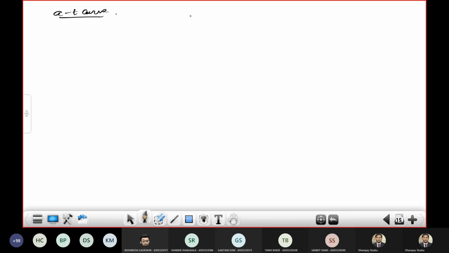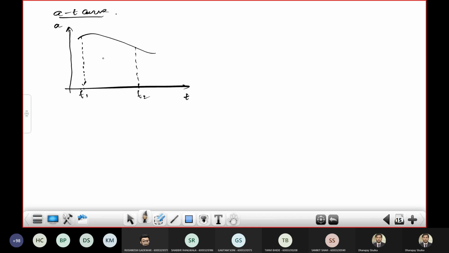AT curve. तो AT curve में पहले मैं एक random figure बनाता हूँ यहाँ पे. Let's say this is my T, this is my A. ठीक है. Let's say this is any random curve. Let's say this is time interval T1, this is T2. And again I can check this slope.